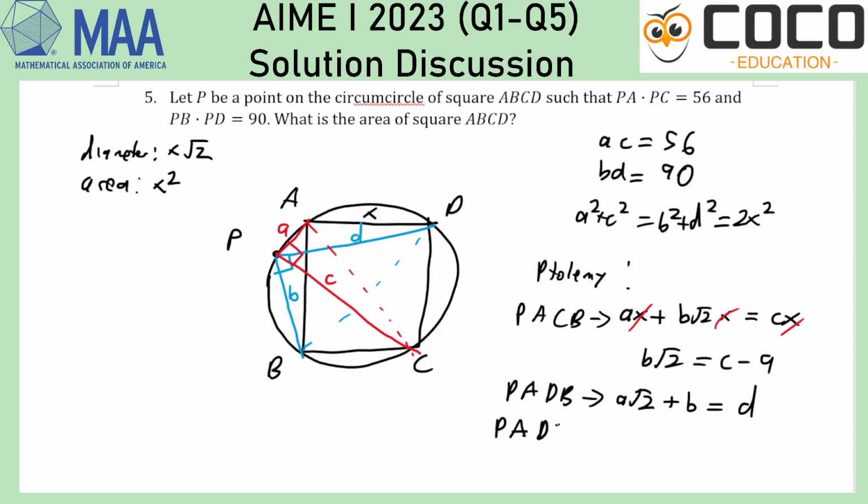PADC, it gives you A plus C is equal to D root 2, and then the other one is PBCD, that gives you B plus D equals to C root 2.